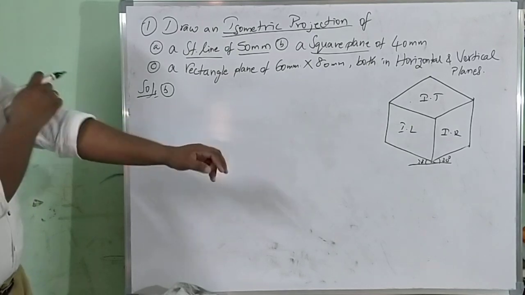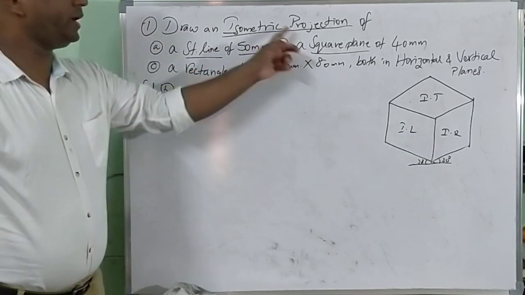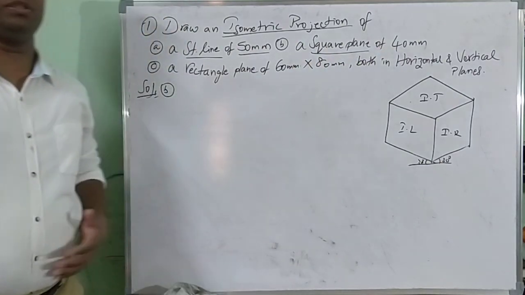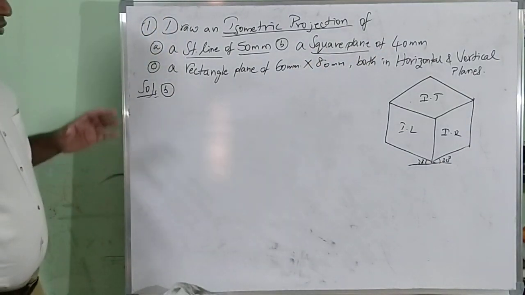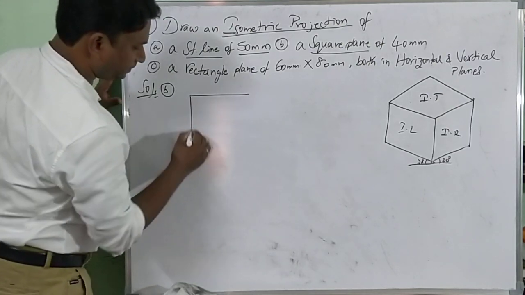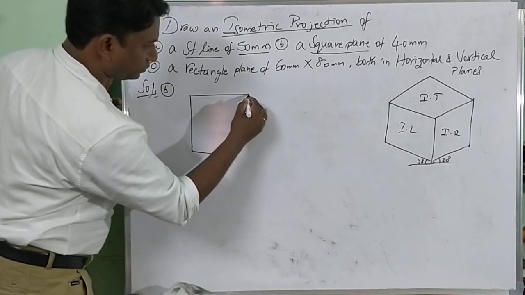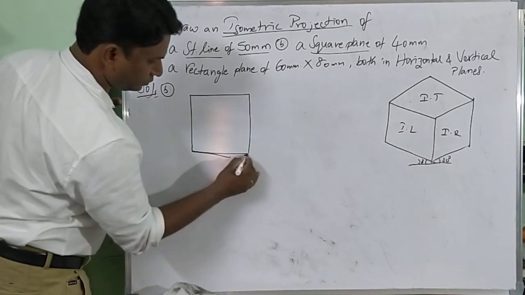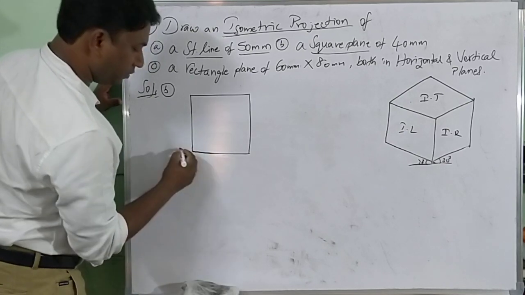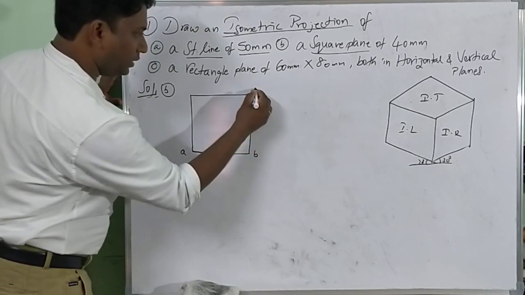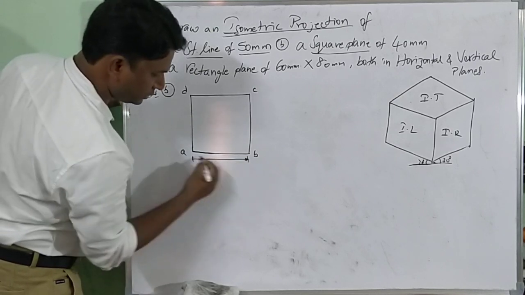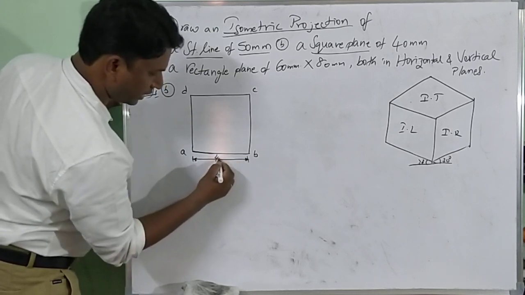Same problem. Right? But here it is a square plane projection, and we have an original dimension of 40, and we have to reduce it with the scale factor of 0.82. Initially you are supposed to draw the original square. Just A, B, C, D, show the dimensions as the original 40.